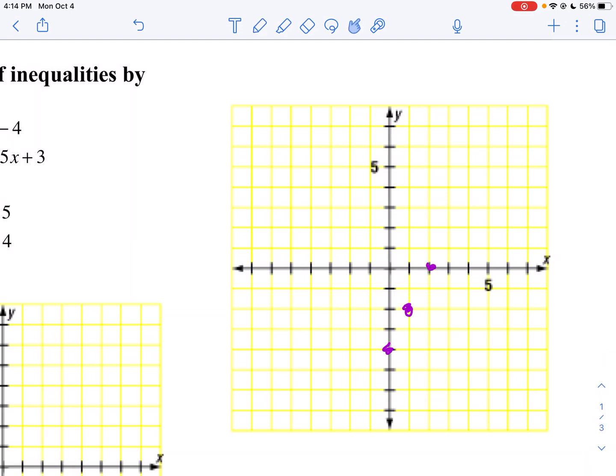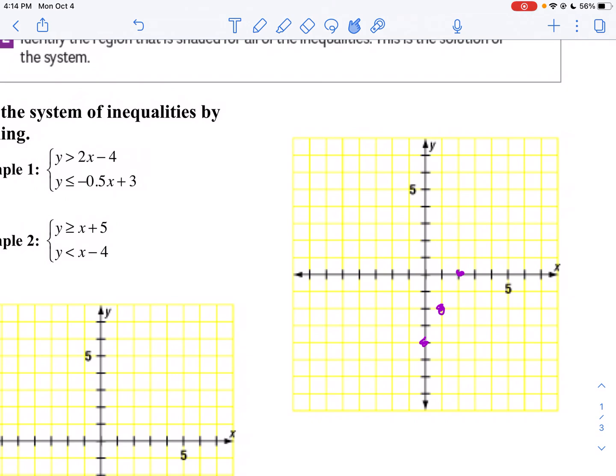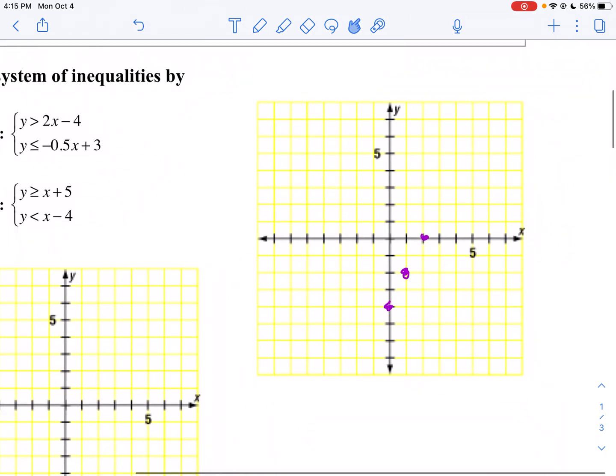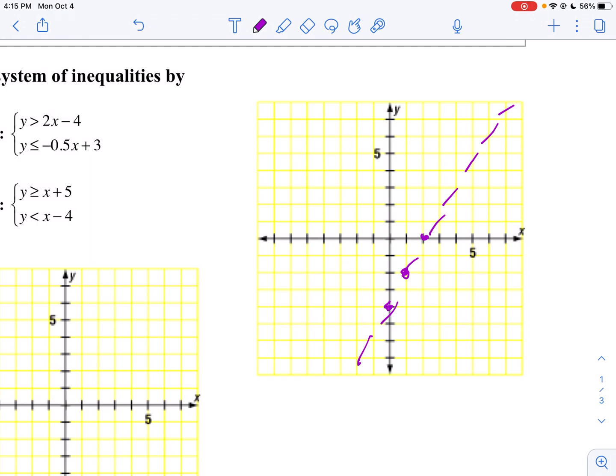And since it is just greater than, I'm going to have a dashed line going through these points. And then it says it's greater than, so I'm going to shade above my line, vertically above. So this region right here gets shaded.